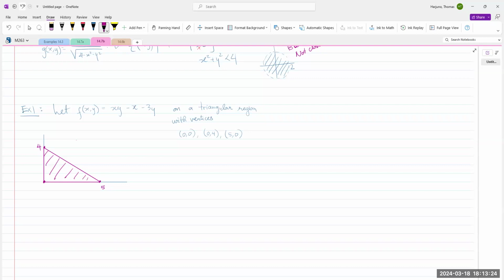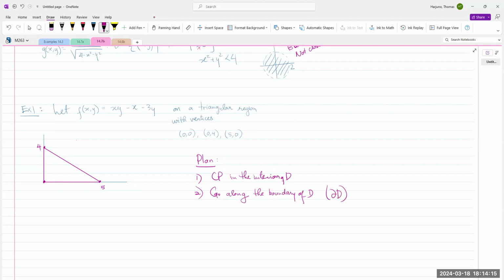Okay, now let's see the plan first. So let me write the plan here. The plan will be, first we want to find the critical numbers or critical points in the interior of D. Second, we go along the boundaries of D, usually denoted by ∂D.